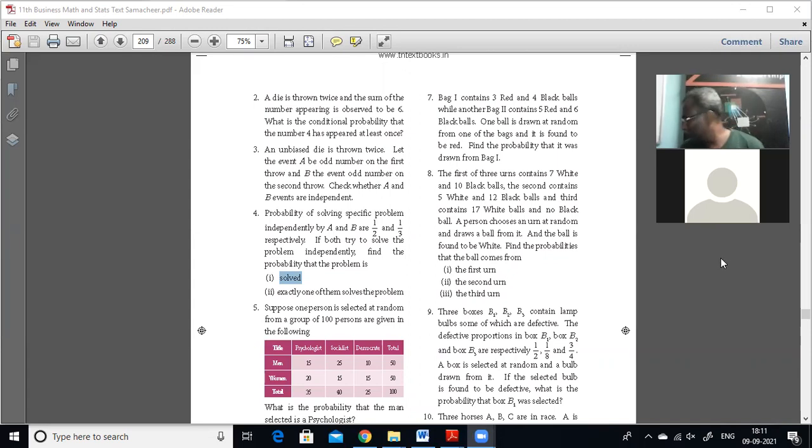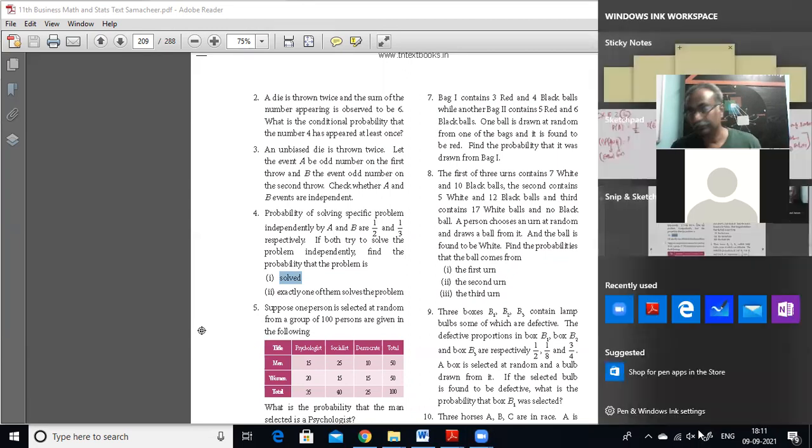I don't know what to do. Can you reply or text me also? Text me on WhatsApp at least, whether you are able to hear me. I'm not able to hear you completely. If you want to log out and log in, that's also fine. James, can you text me? Are you there? Or do you want to log out and log in?